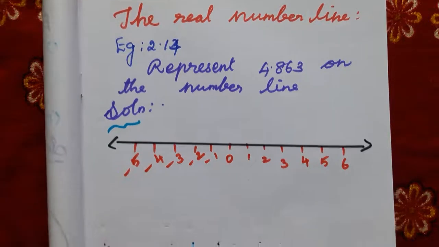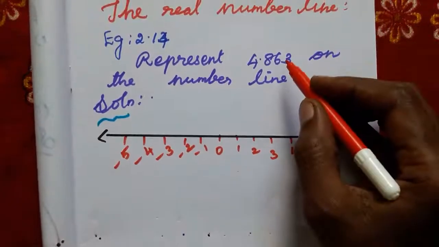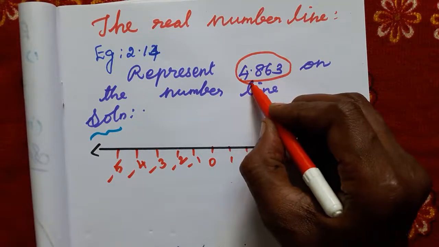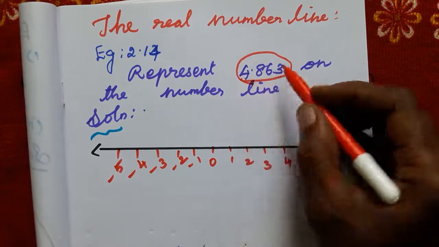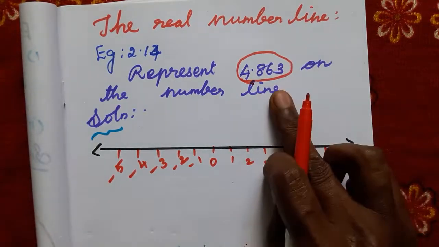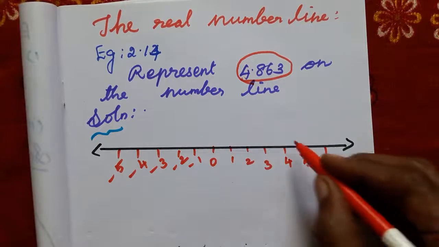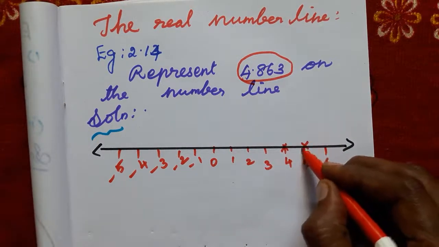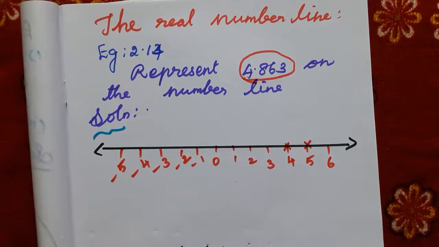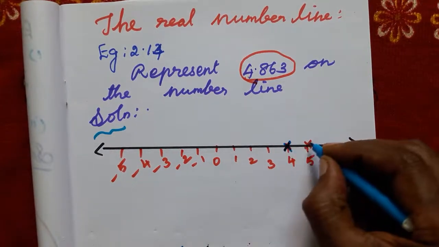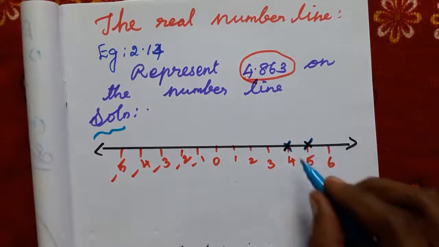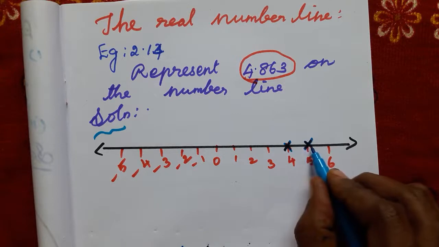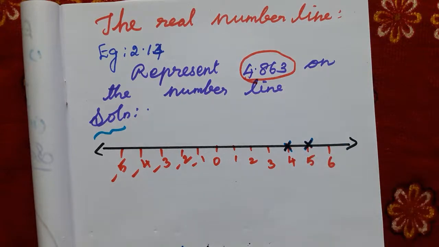Next, these numbers are between which numbers? This 4.863 is between 4 and 5. So you have to mark 4 as well as 5.